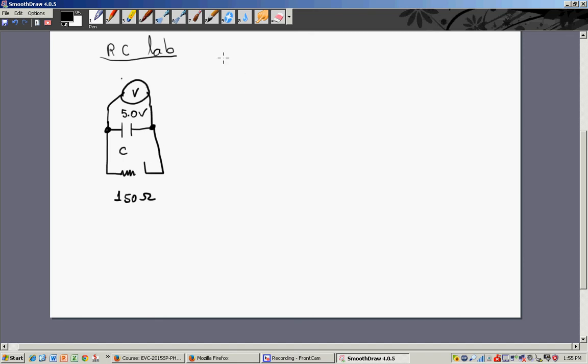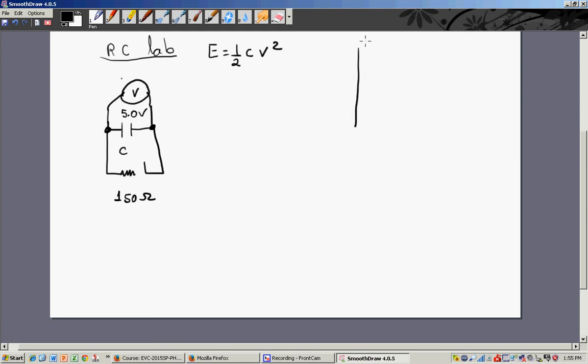Okay. And as we saw, the energy of a capacitor is proportional to the voltage squared. So as your resistor is dissipating energy, the system itself loses energy, which means your capacitor discharges.